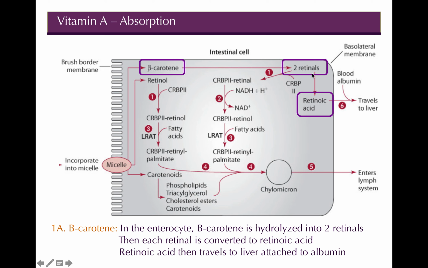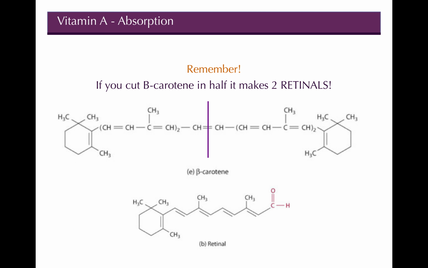Then each retinal is converted to retinoic acid, so another vitamer, another retinoid. And then that retinoic acid will travel to the liver attached to albumin. So that's one way, beta carotene to retinal to retinoic acid. And then, if you want to see again, really cut these things in 2 and you get those 2 retinals.